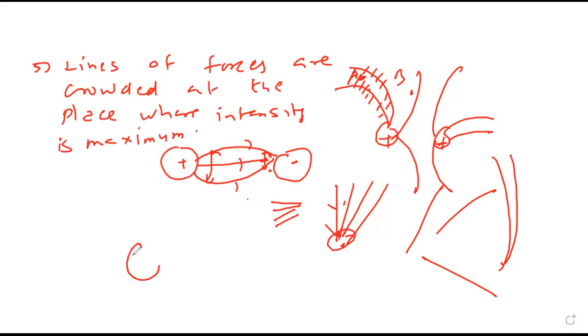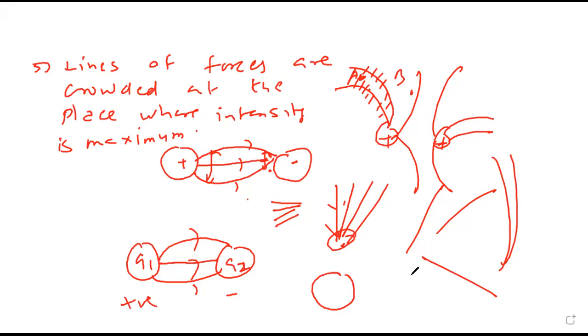So by chance it is given like this, Q1 and Q2 in the exam, and they show it like this. Can you tell me which is positive and which is negative? Q1 is positive, Q2 is negative, correct.